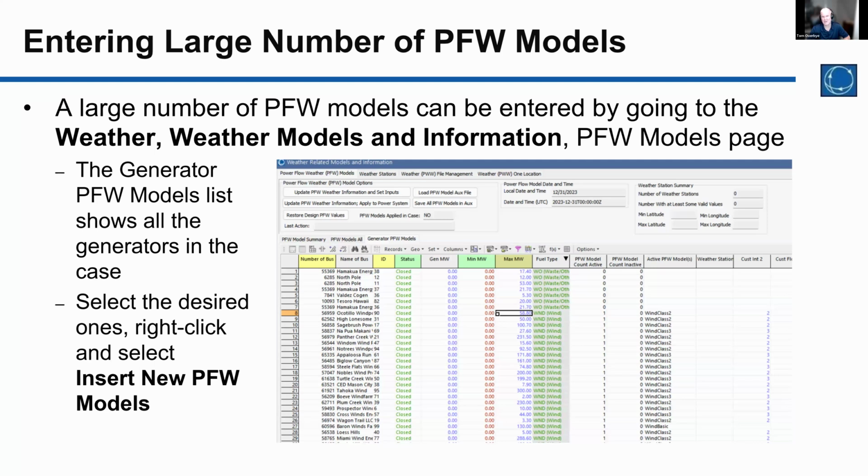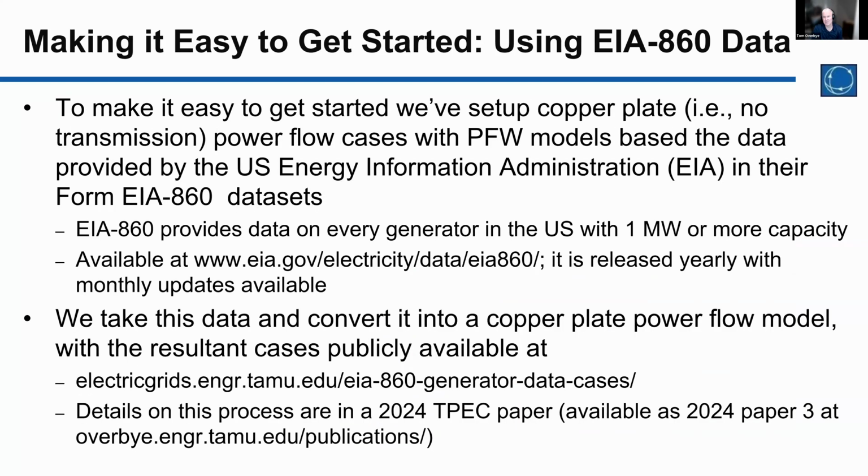And there's ways where you can take a whole display of all the generator models. Here I've got them sorted by fuel types. I just select them all, and I type insert new PFW models, and it will insert default PFW models for those generators.